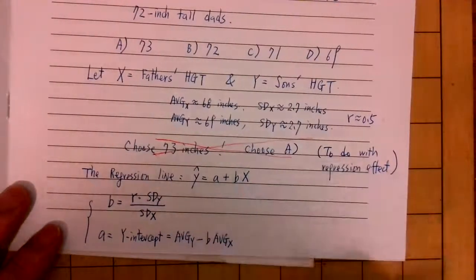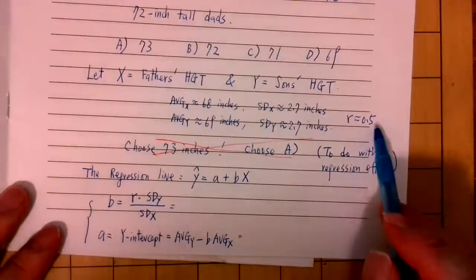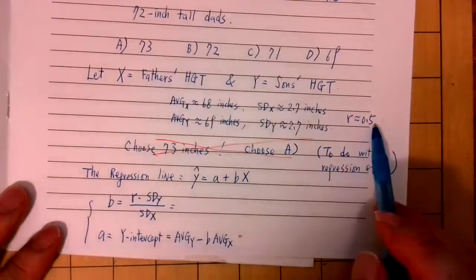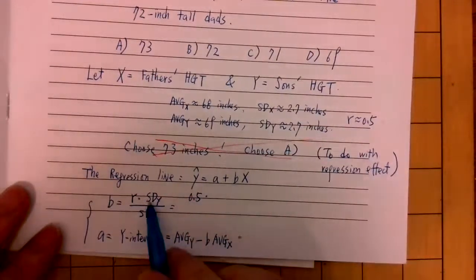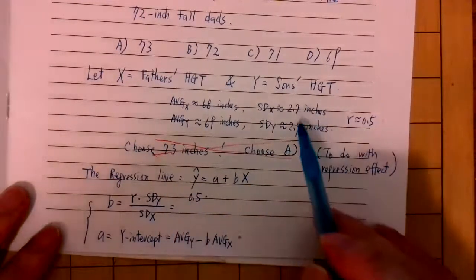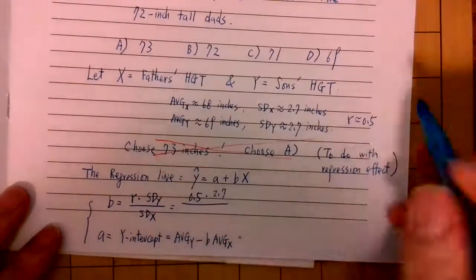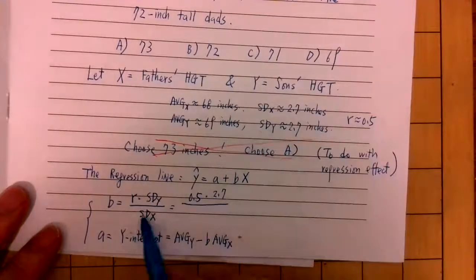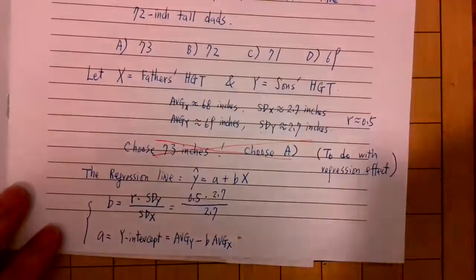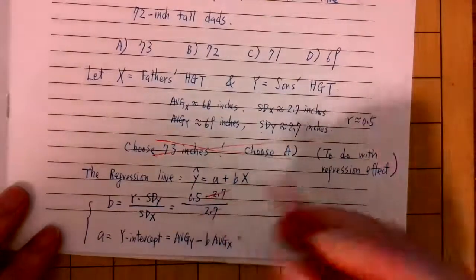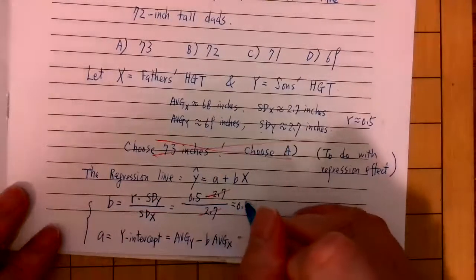Based on the given formula, let's calculate it. R is 0.5, times standard deviation Y, 2.7 inches, divided by standard deviation X, also about 2.7 inches. The common factor cancels, so the regression slope is 0.5.